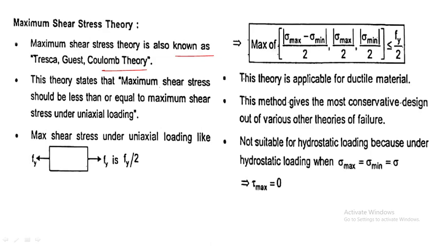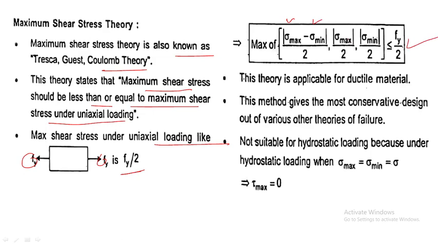This theory states that the maximum shear stress should be less than or equal to the maximum shear stress under uniaxial loading, which is Fy by 2. So the maximum of tau max and tau min, divided by 2, should be less than or equal to Fy by 2.